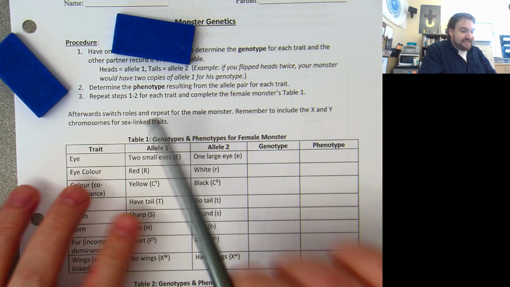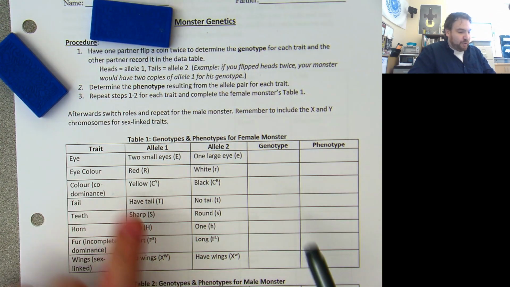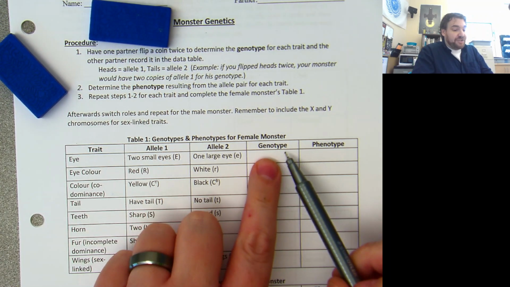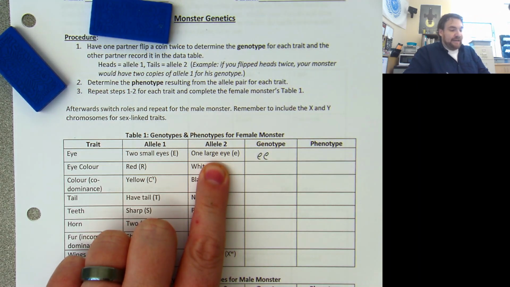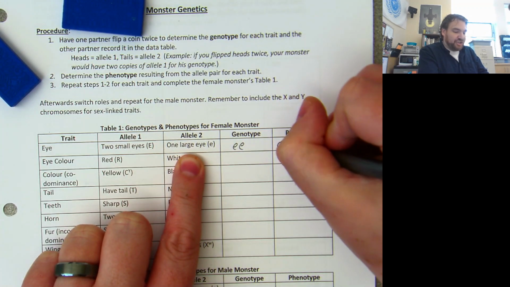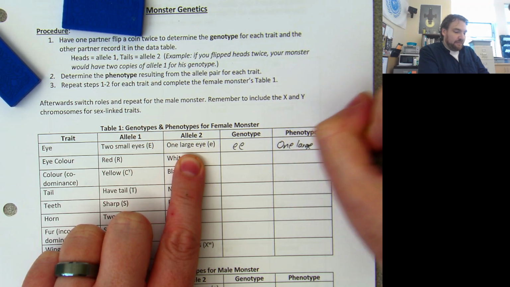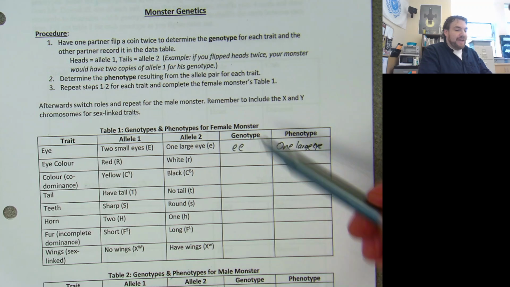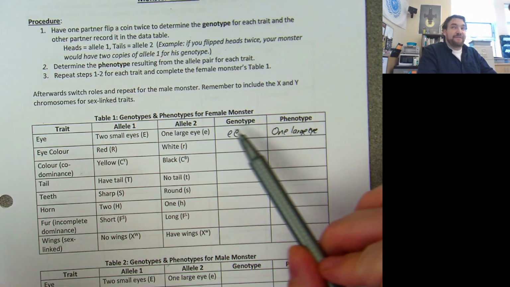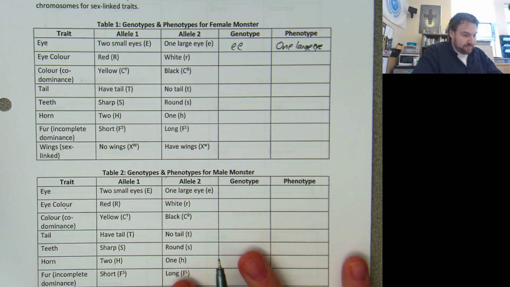Tails is allele number 2. My genotype for the female monster is going to be little e, which means her phenotype is going to be 1 large eye. You're going to do that for all of the traits in the female and in the male.